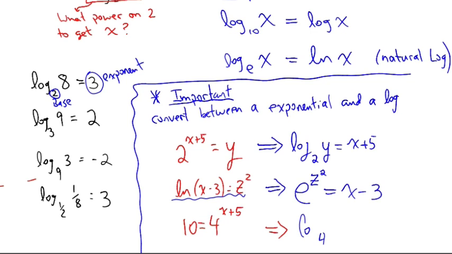The answer, 10. What's the power? X plus 5. Very important that you can figure out going back and forth between these two formats and being able to recognize exponential form and logarithmic form. And especially recognize what is the base, because that's everything.